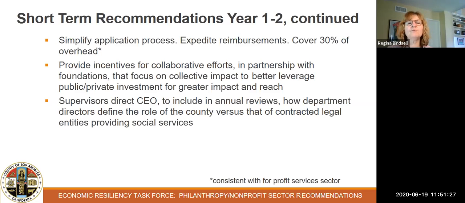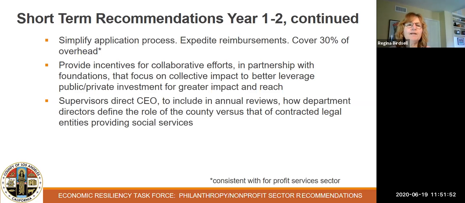We also think it would be an interesting opportunity for the county to create incentives for collaborative efforts, that we really look at collective impact and at all the talents that we have around LA County and see what we might be able to leverage in terms of public-private partnerships, really focused on greater impact and reach.